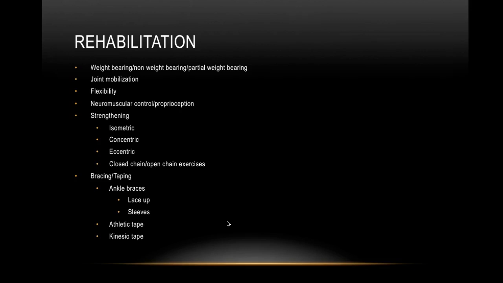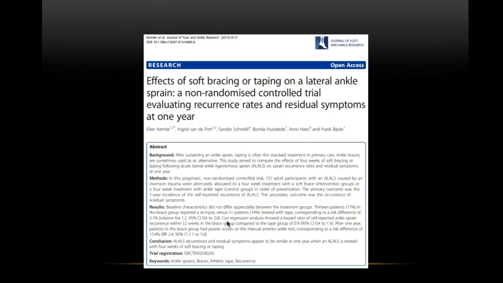So just to kind of get you guys reading a little bit about this, I also will post this article on the authors that tested soft bracing and taping on two different groups, and they wanted to see what the results would be after 4 weeks of someone either taping or using a brace while doing activities after they had sprained an ankle. And according to this article, they kept testing the athletes or the patients even after the study was done.